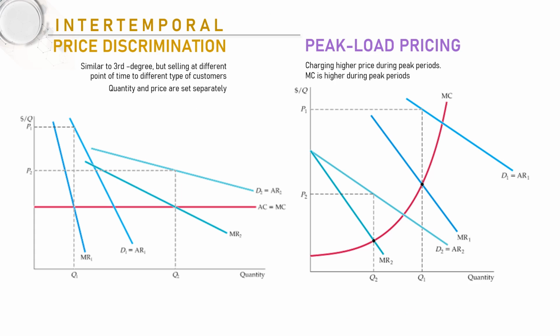The other cases of price discrimination are these two. In intertemporal price discrimination, the producer sells goods at two different points in time. There are consumers, for instance, who prefer to buy products when the products are launched for the first time, and price is usually not an obstacle for them.